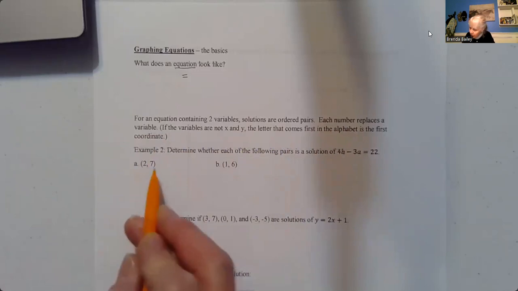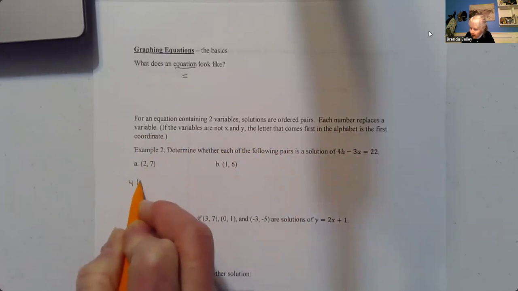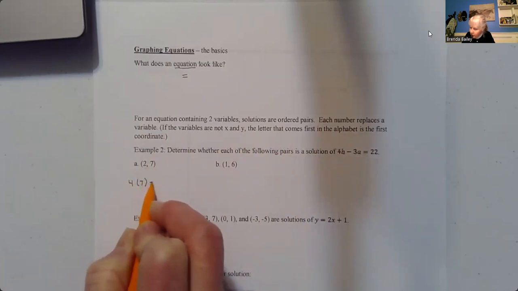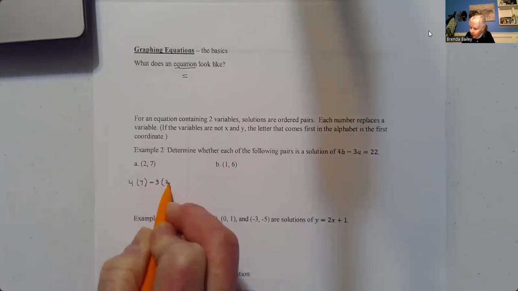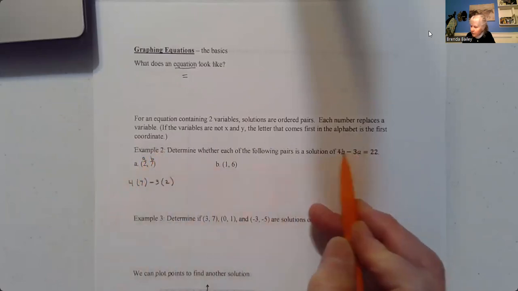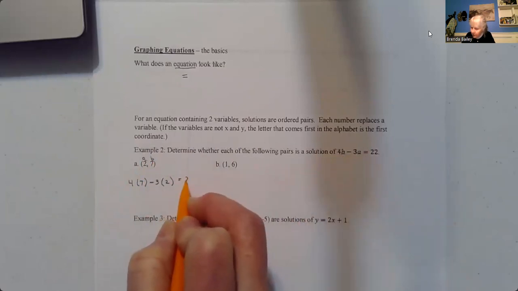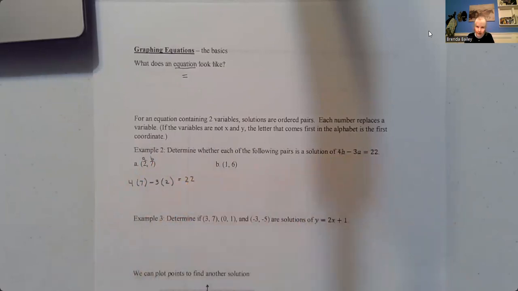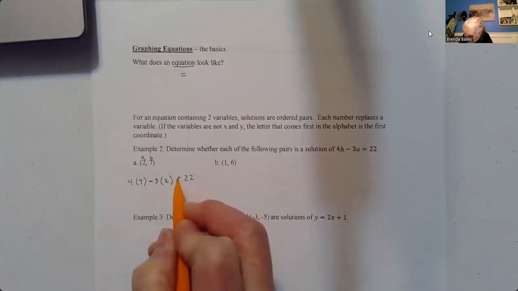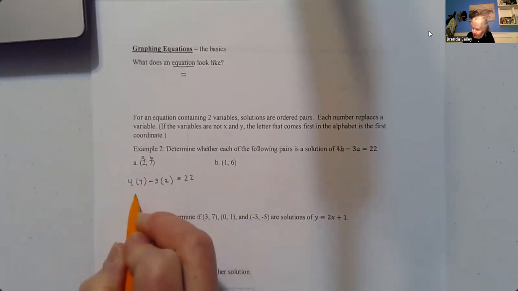So looking at this first one, we would take 4 times 7 minus 3 times 2. This is the A, this is the B. In the equation, when they're next to each other, you multiply, equals 22. Is that true or not? So here you multiply, PEMDAS.